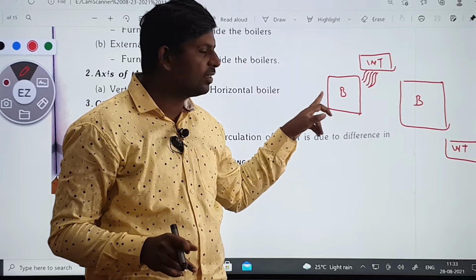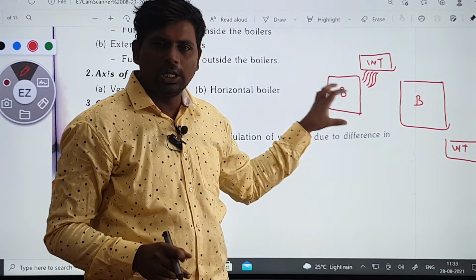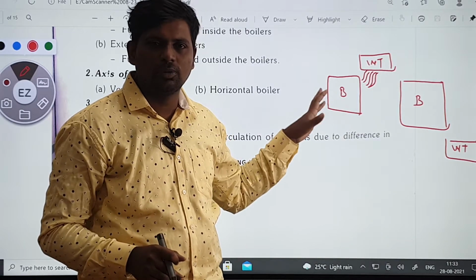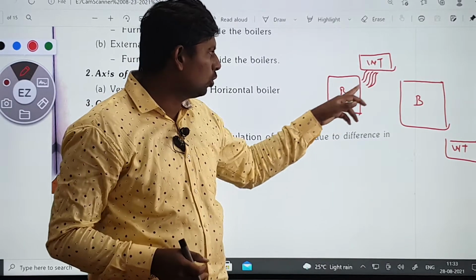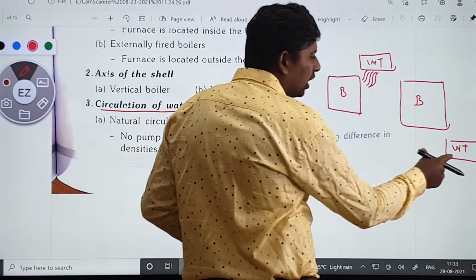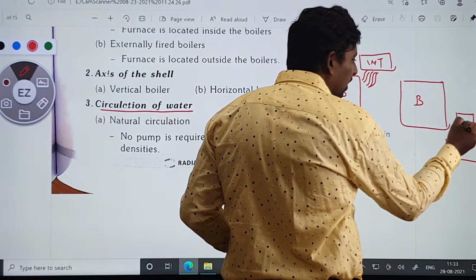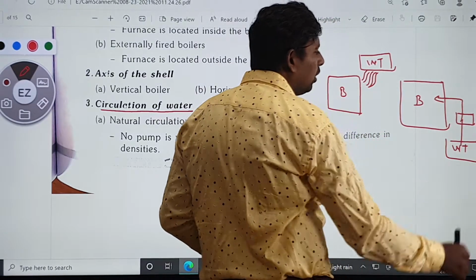This is known as natural circulation. But if you place the water tank lower, then you have to provide a pump to suck the water and supply it to the boiler.